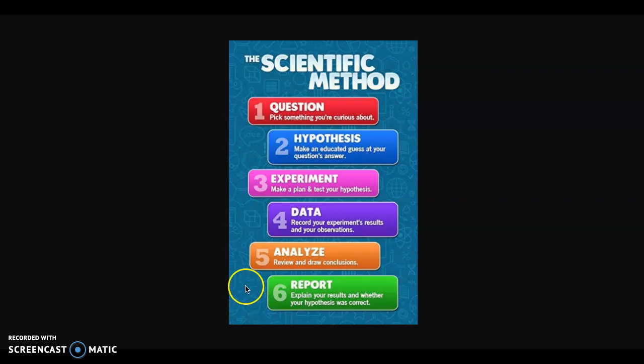And finally, number 6 is where we're going to write about and explain and eventually answer that question. So we use the analysis that we did in number 5, which used the data from number 4, to come up with, going all the way back up to the top to number 1, an answer to our question. Okay? And along the way, also looking back at our hypothesis, was your hypothesis correct or not? It's not really a big deal if your hypothesis is wrong.